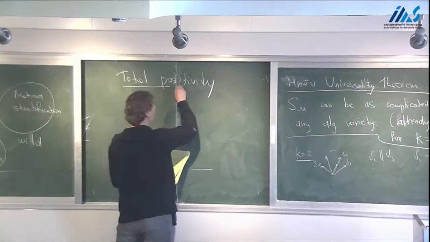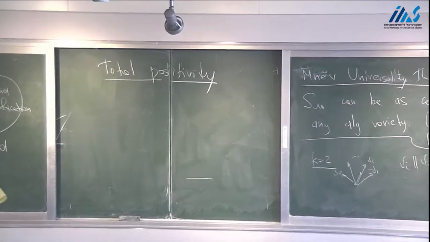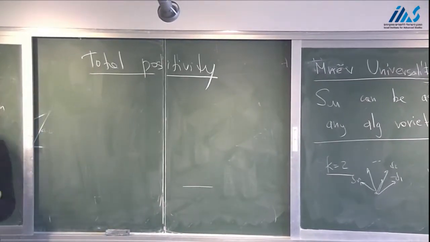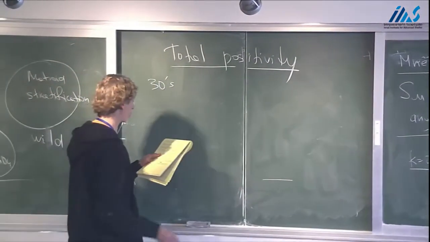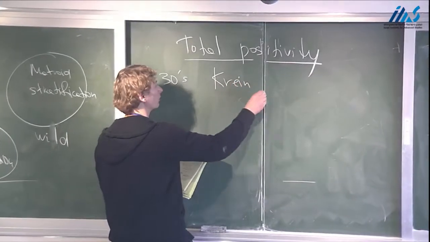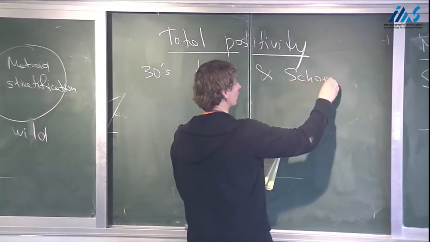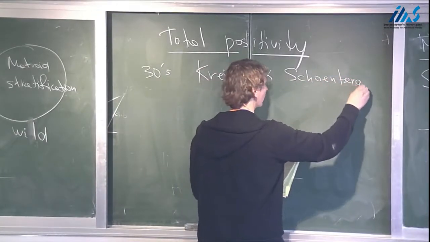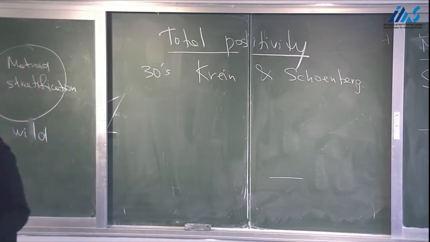Let me say a little bit of history. The concept of total positivity was introduced in the 30s in the works of Krein and other people, and Schoenberg. They introduced the notion of a totally positive matrix.